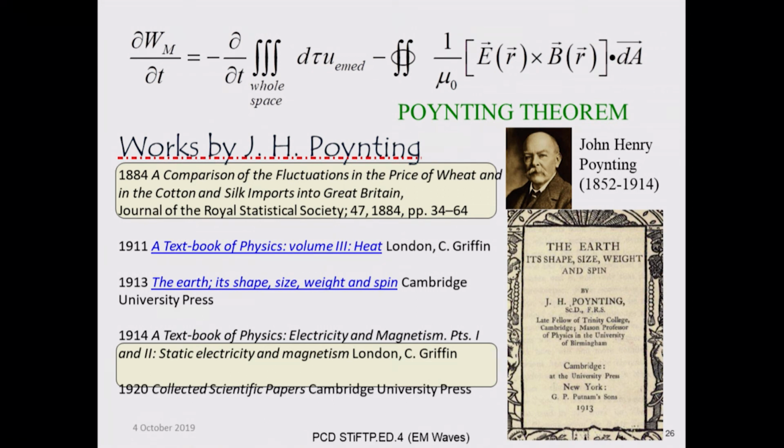And at the top, in 1884, he wrote a book on comparison of fluctuations in the price of wheat and in the cotton and silk imports into Great Britain. Okay. So, from commerce to astronomy to electromagnetic theory, an amazing contribution.